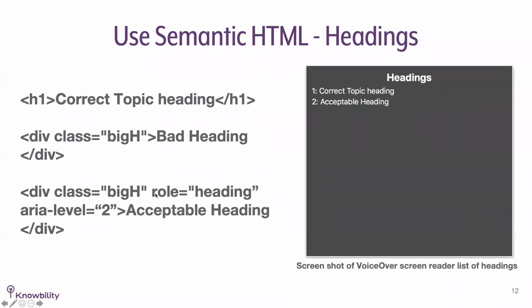And then again, I can use ARIA, which I'm not going to go into at this point, but ARIA stands for Accessible Rich Internet Applications, and it's mostly used with JavaScript to allow you to add more semantic information to anything that you've scripted with a control. But that one, because I've used that correctly, it will come out as a heading.